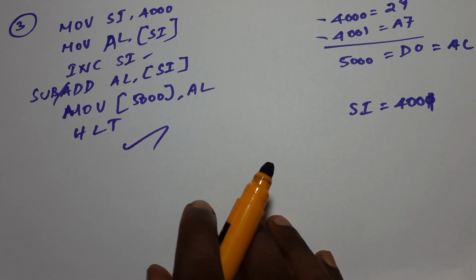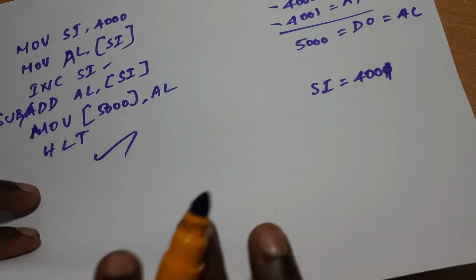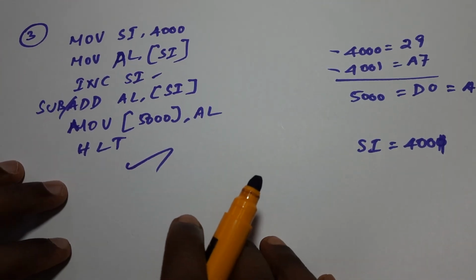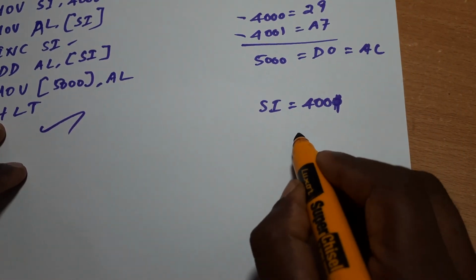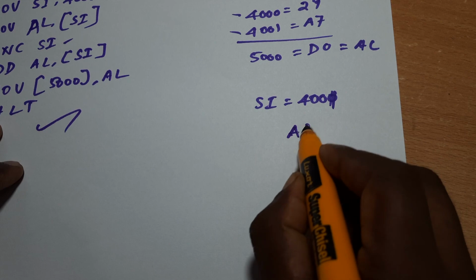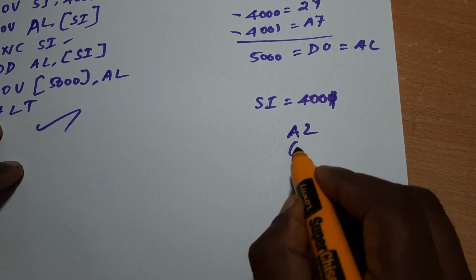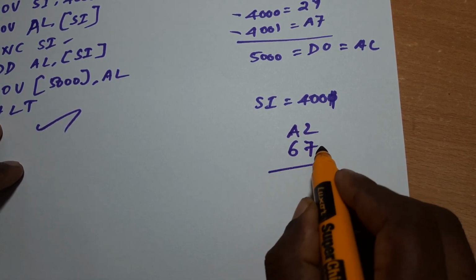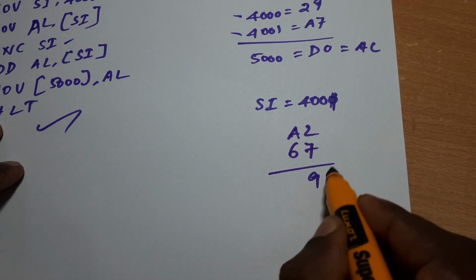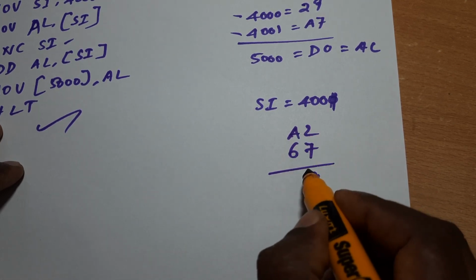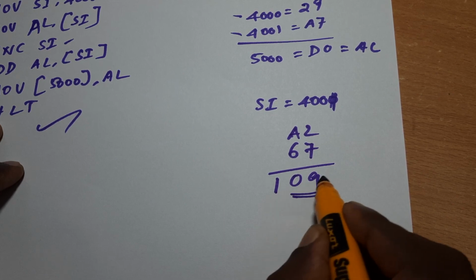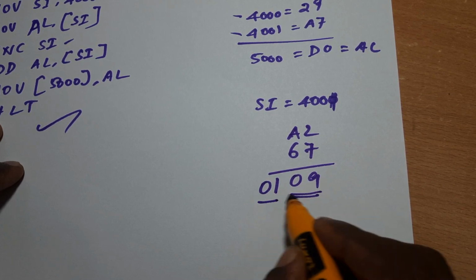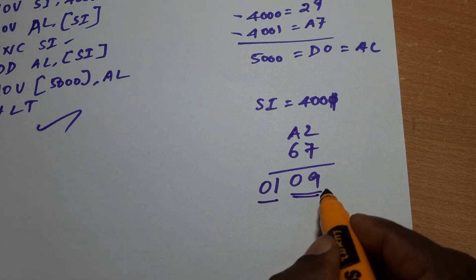Here I have just explained addition without carry. We did not worry about the carry. If we have an addition of, for example, A2 and 67: 2 plus 7 is 9, A plus 6 is 16, so it is going to be 1 0, that is 109, which means 0109. So there is going to be a 16-bit number as output.